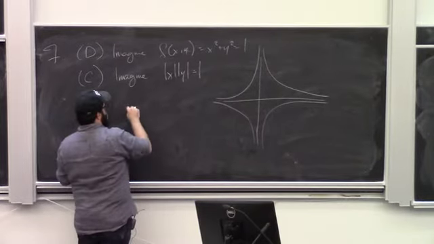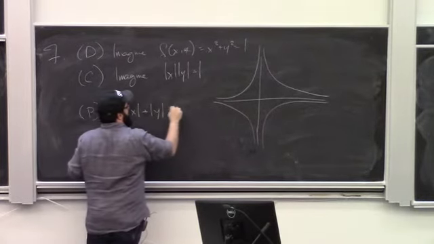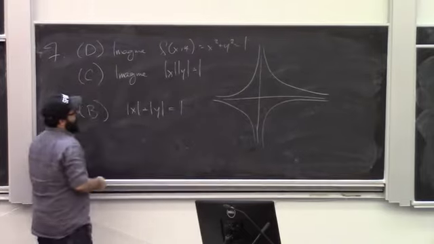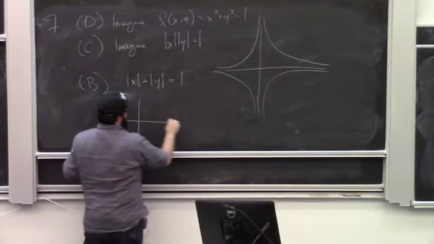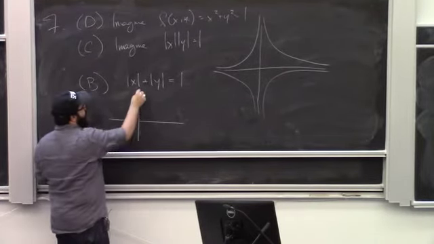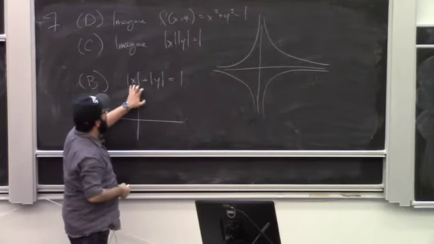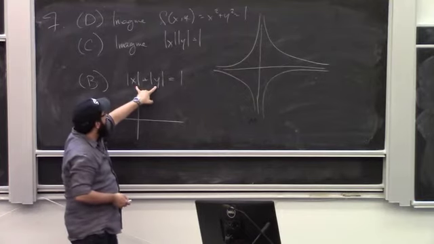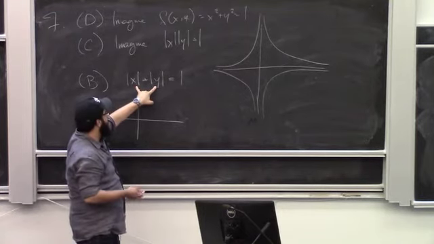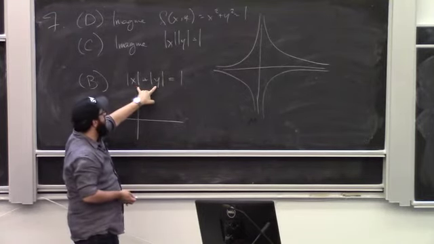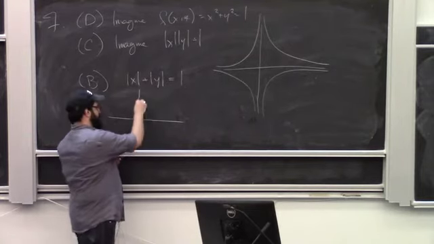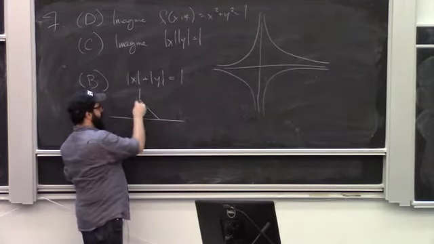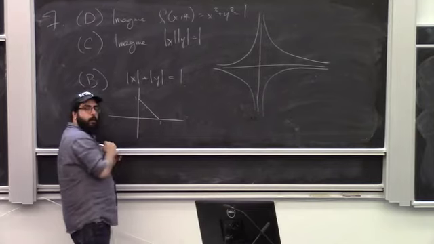B works. So imagine this is a constant. This isn't something that you can, I mean, maybe you can imagine it by, again, just forgetting about the absolute values. So if you forget about the absolute values and assume they're both positive for the first part, then this is y equals 1 minus x, which is a straight line like this that joins the points that are a distance 1 apart.